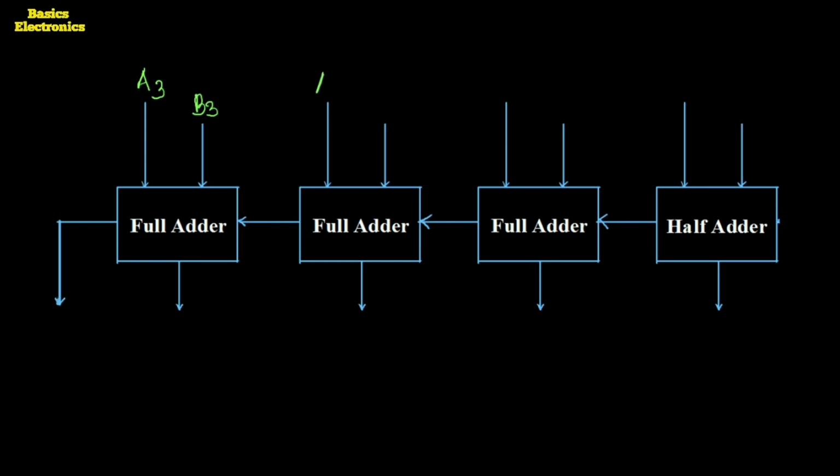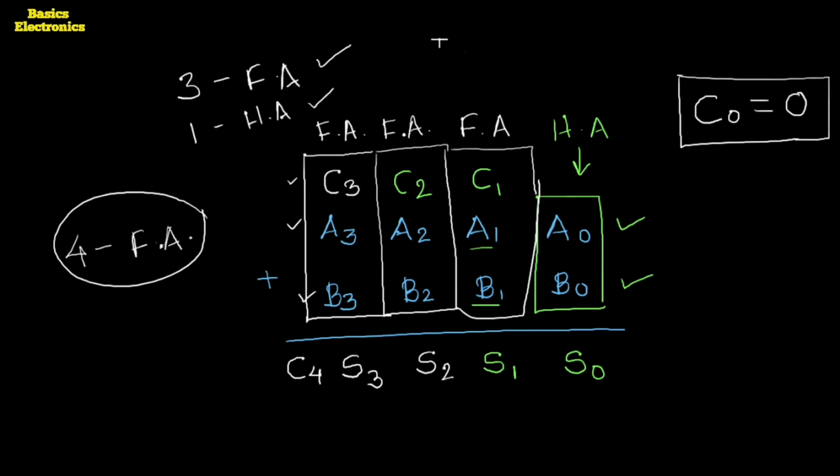Then here it is A2 and this one is the B2. Then here it is A1 and this is the B1. Here for this half adder LS bit column, we have the binary bits A0 and here this one is the B0, which we had seen in our previous page.